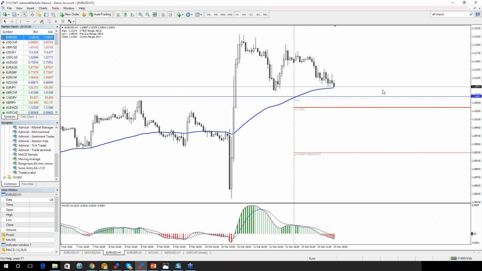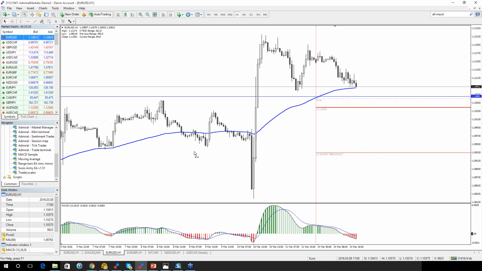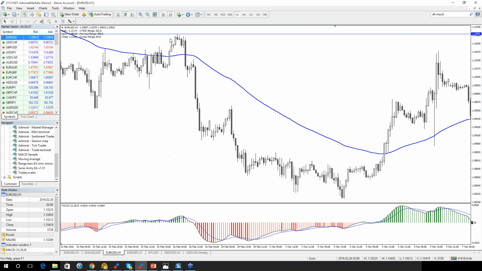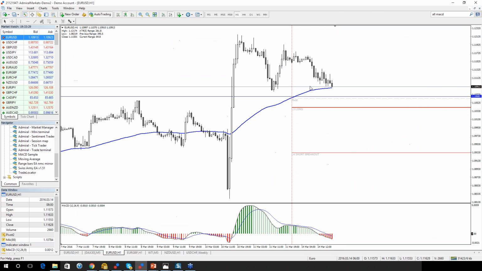So this could be where buyers are now, and I don't have a sell position because I would like to see a buy from the zone first. Okay, look at this. The same line is this one. And if the price now makes a U-turn to the upside and closes like a hammer, that would qualify as T89.